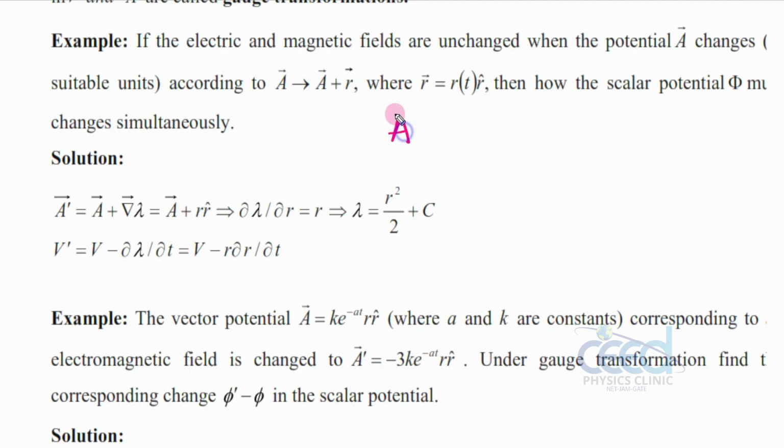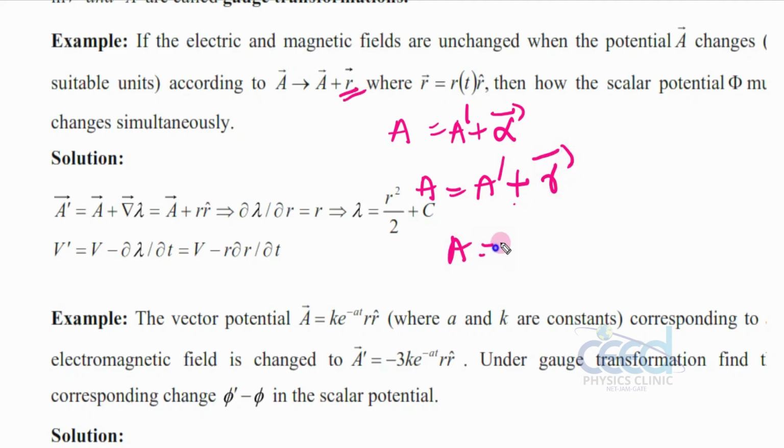Now A dash is equal to A plus del lambda, you know, right? What is del lambda? We can write A dash is A plus alpha. Now A is equal to A dash plus, what is alpha? This only, the r vector.